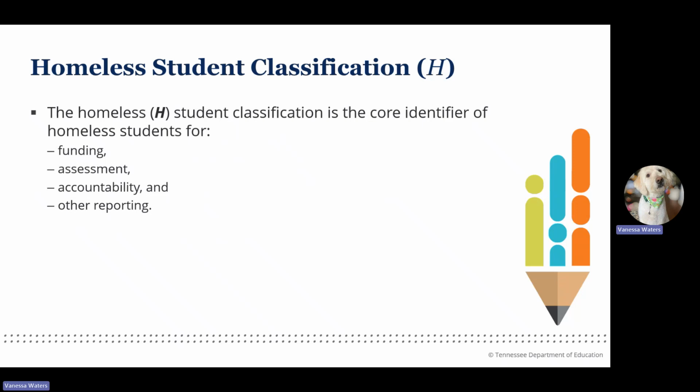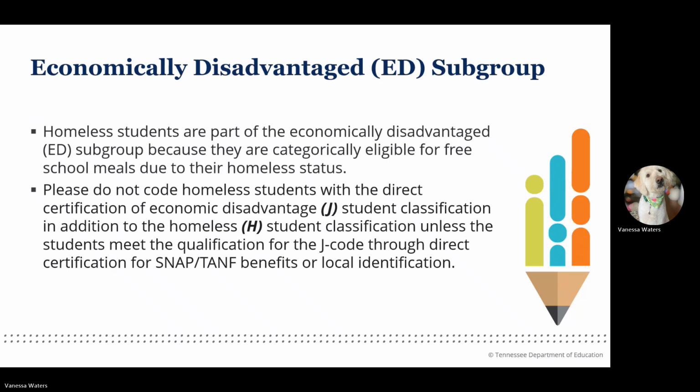The homeless student classification H is the core homeless identifier for funding, assessment, accountability, and other reporting to both the state and federal reporting agencies. Homeless students are part of the economically disadvantaged ED subgroup because they are categorically eligible for free school meals due to their homeless status.